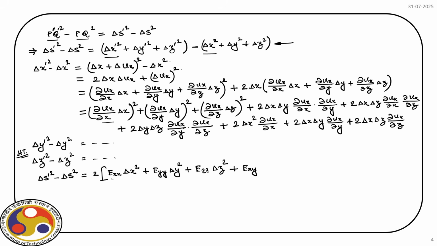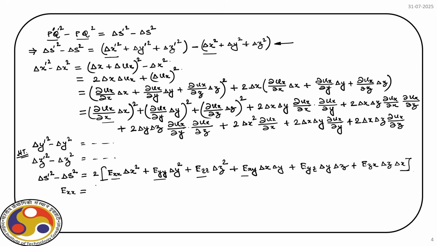I will give you the detailed expression of these terms. So, times delta x delta y plus e of y z delta y delta z plus the last term e of z x delta z delta x, right. So, what is e of x x?